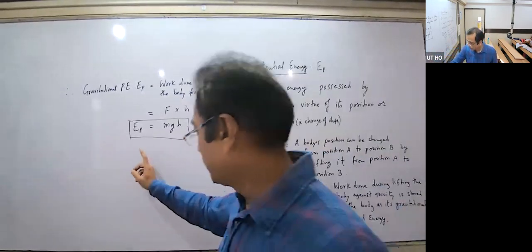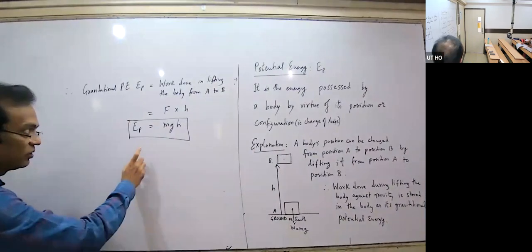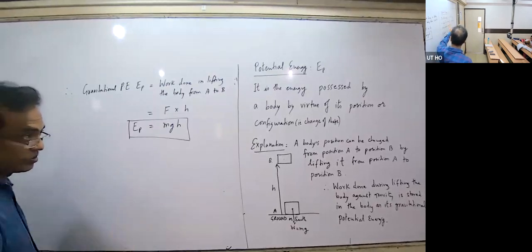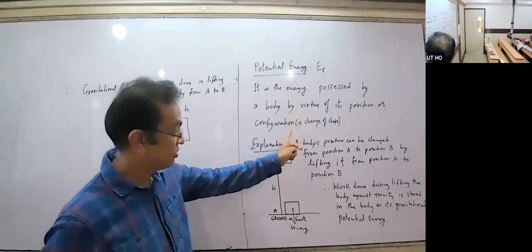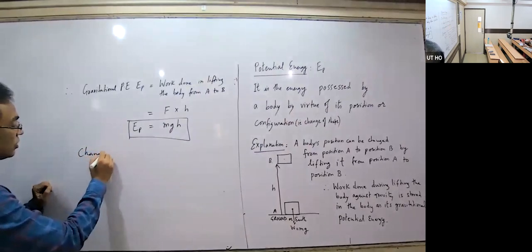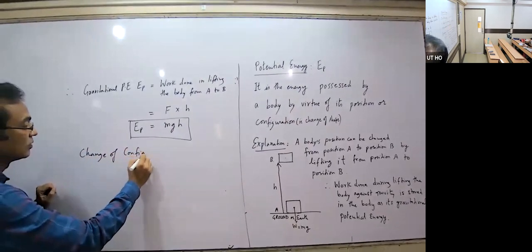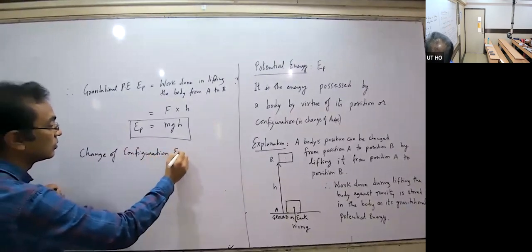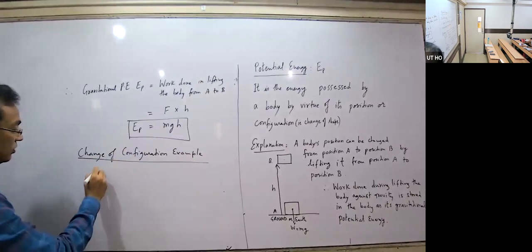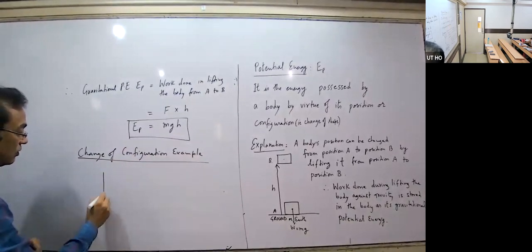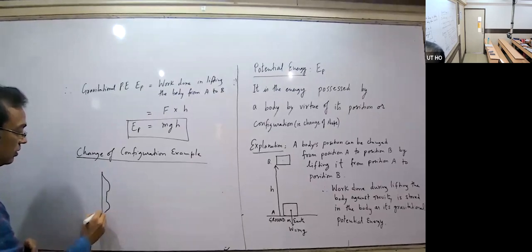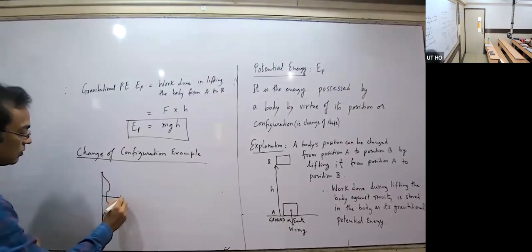So this is your gravitational potential energy. For you, only gravitational potential energy you have to learn. There is another example. So that was the example of due to change of position from A to B. Now what is change of configuration? Change of configuration example. Suppose you have a string, right now the string is not stretched.